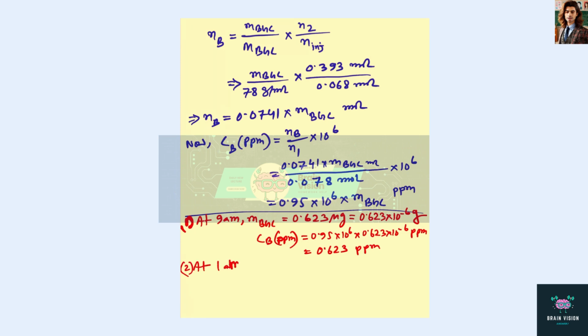Then at 1 a.m., the mass of benzene given here is 0.788 microgram. Therefore, the concentration is 0.749 ppm.